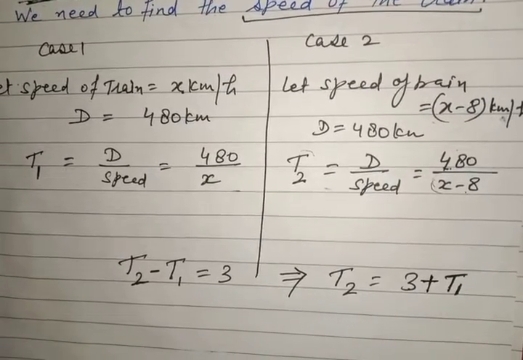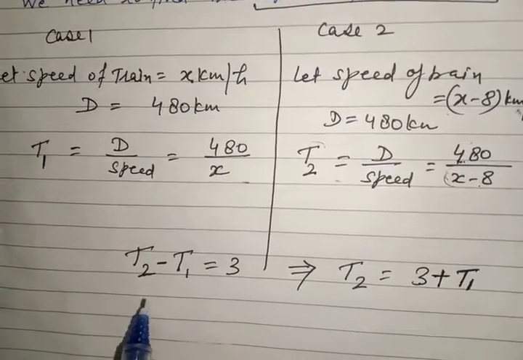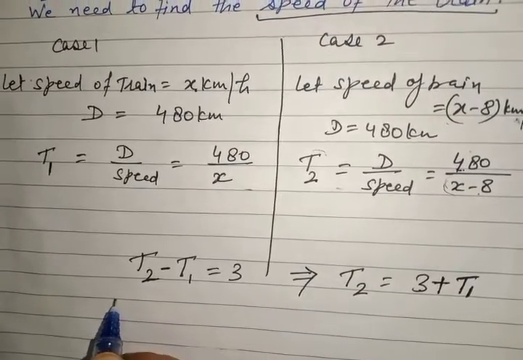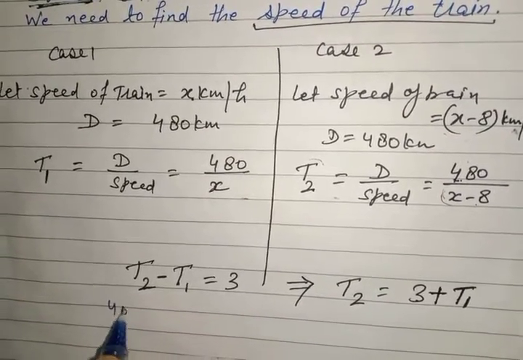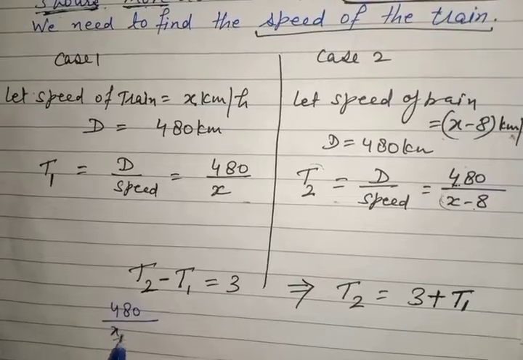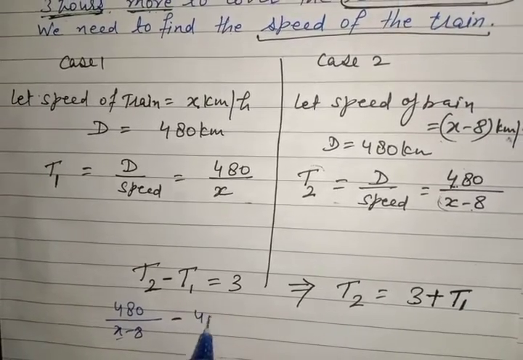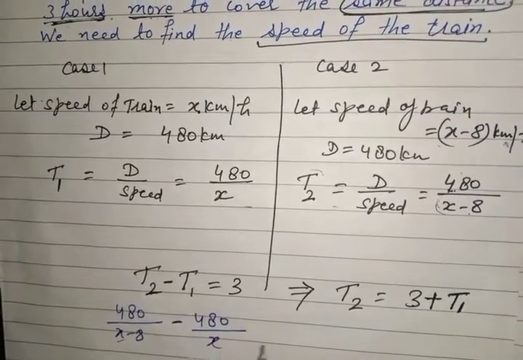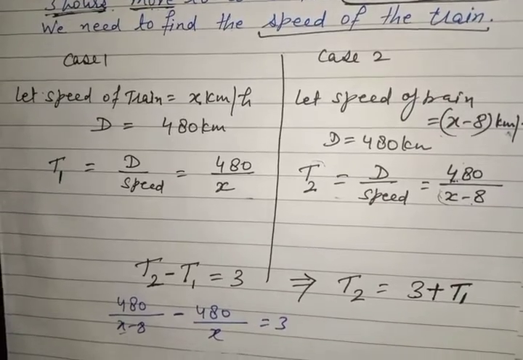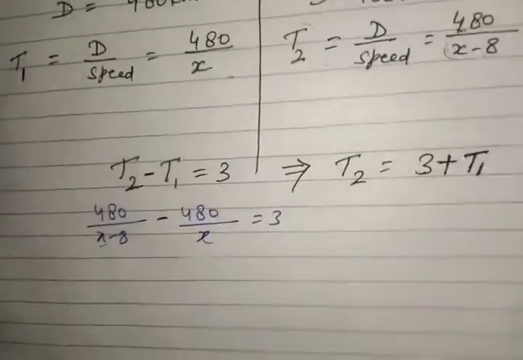Now we will solve this equation and I am telling you the method also. t2 is 480 over x minus 8, minus 480 upon x, equals 3. Better to take 480 common.